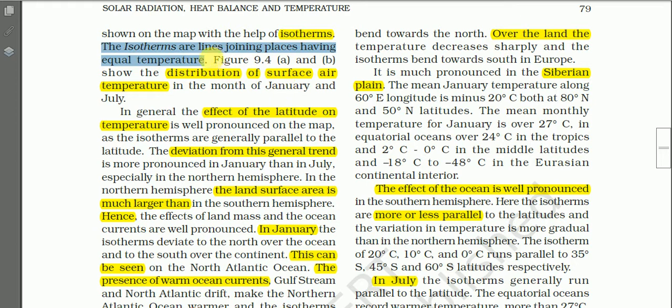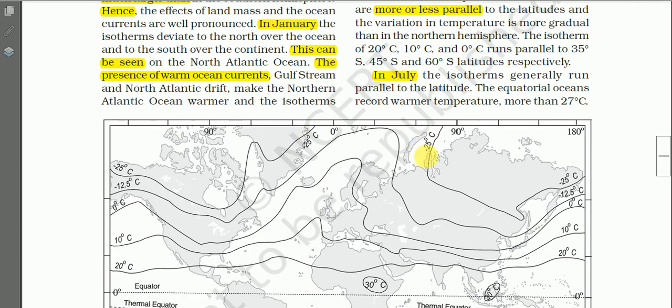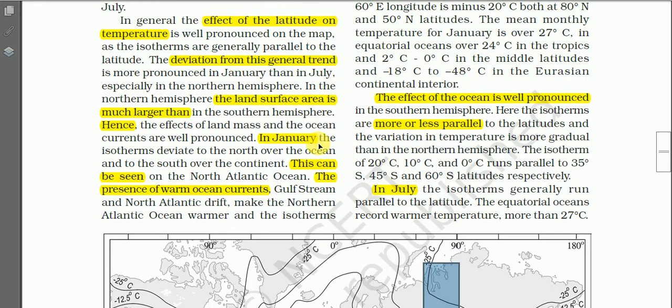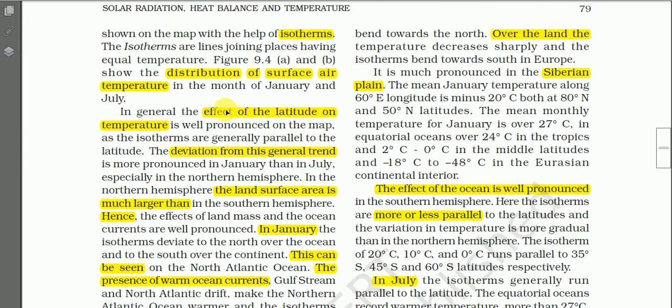Figure number 9.4a and b show the distribution of surface air temperature in the months of January and July. See here these lines, these lines are known as isotherms. Let us continue.